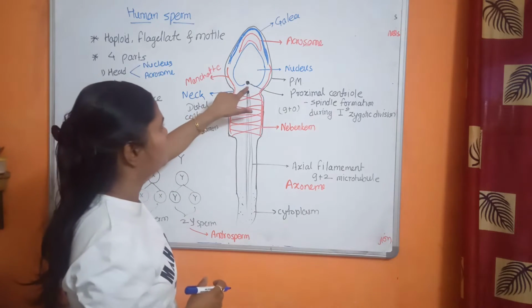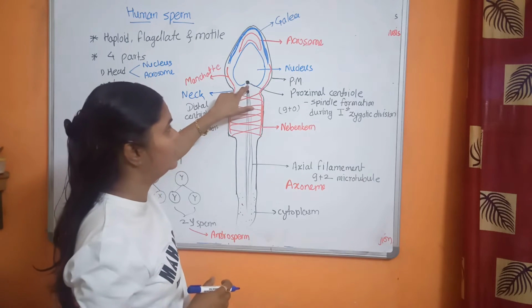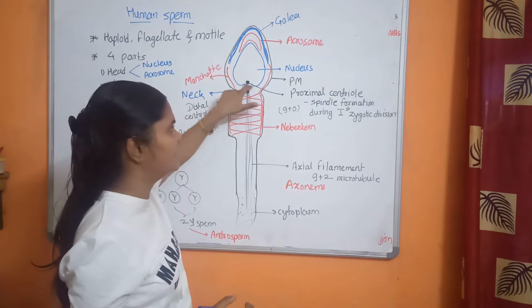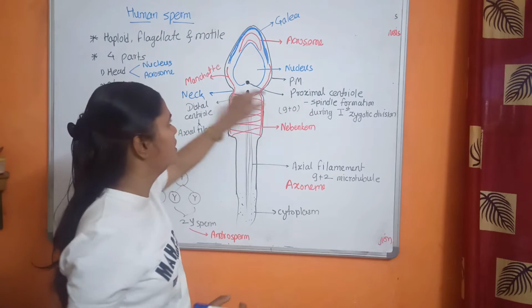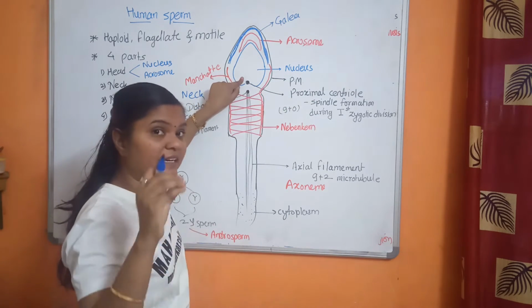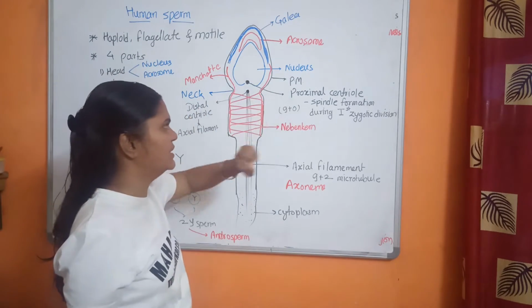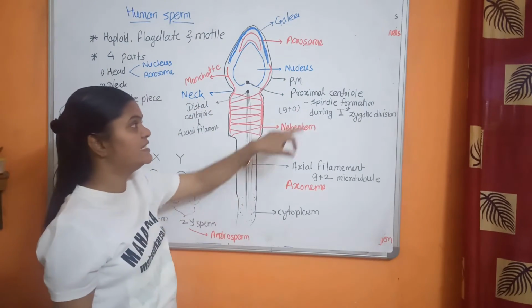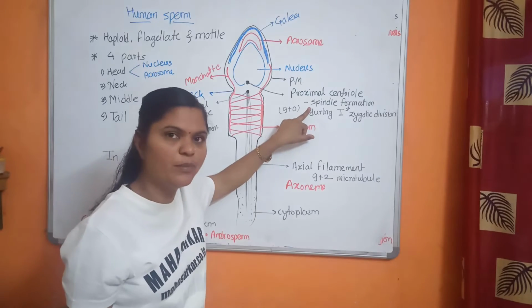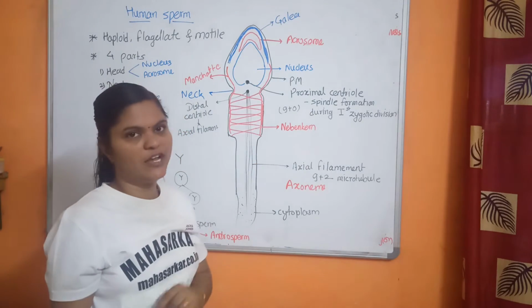The centriole present near the nucleus is called the proximal centriole, and it is essential for the spindle formation during the first zygotic division.